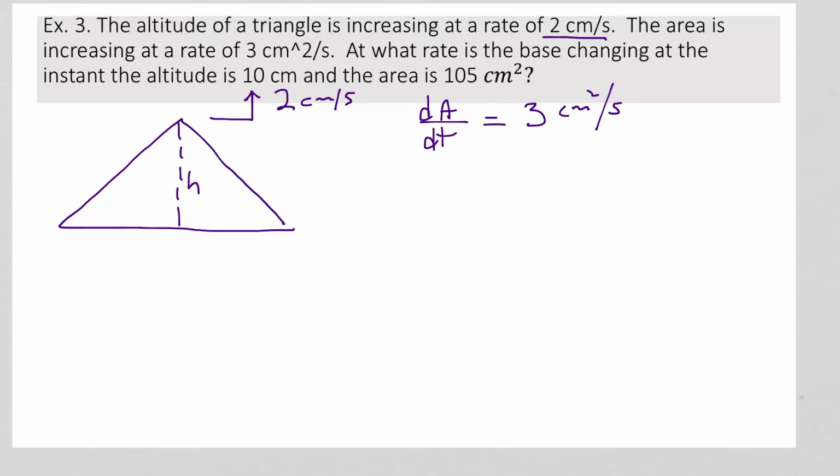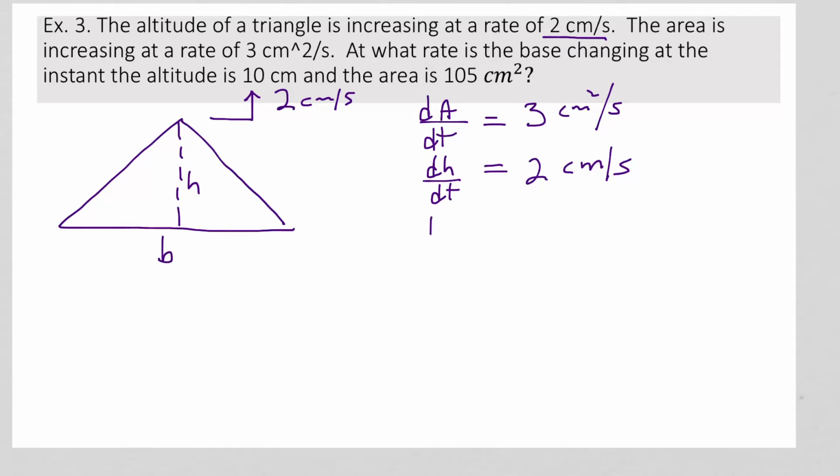All right, let's write dH/dt in my list over here too. dH/dt, change in altitude with respect to time, is 2 centimeters per second. We're asked at what rate is the base changing. So here's my base, this side over here.